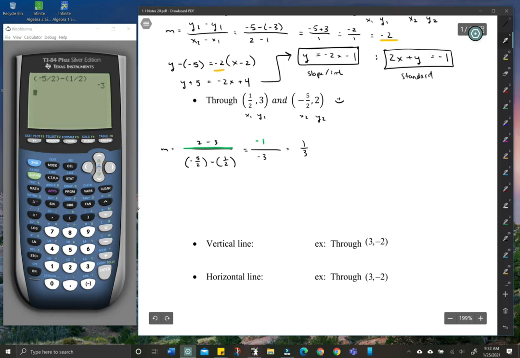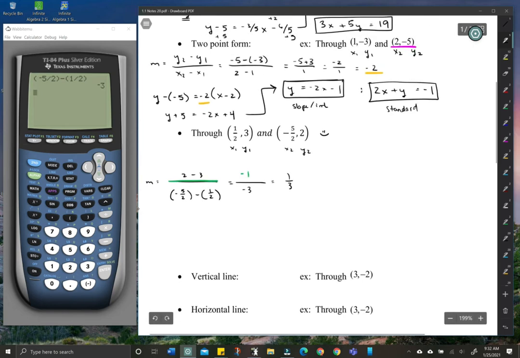Next, we found the slope. Let's pick either point. I don't know which one's nicer. We'll just pick the first one. So y minus 3 equals 1/3 times x minus 1 half, and distribute: minus 1/6 equals y minus 3.